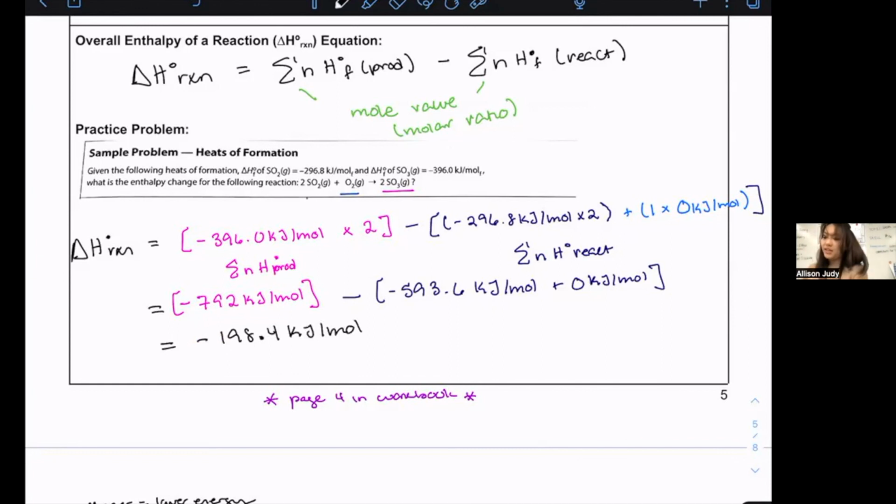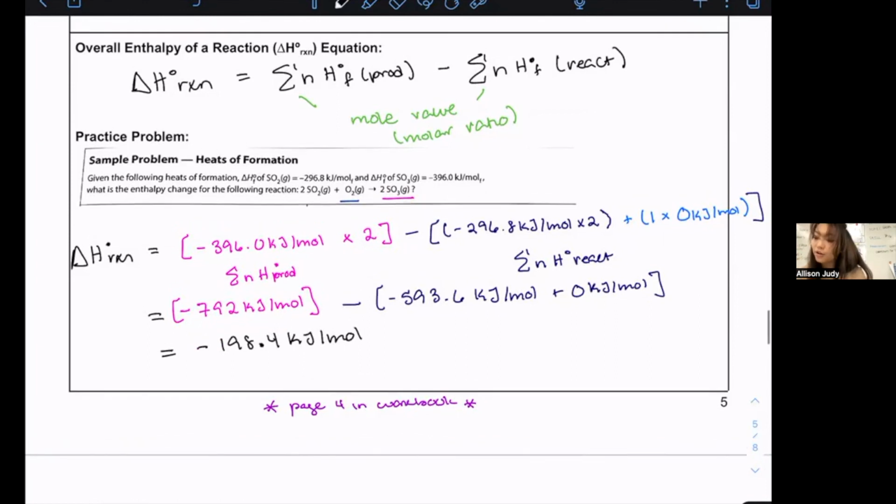That would be the overall enthalpy for the specific reaction given my specific compounds that contribute to product and reactant. It is just a much more detailed mathematical process than graph reading of enthalpy, but the same principles: products minus reactants.